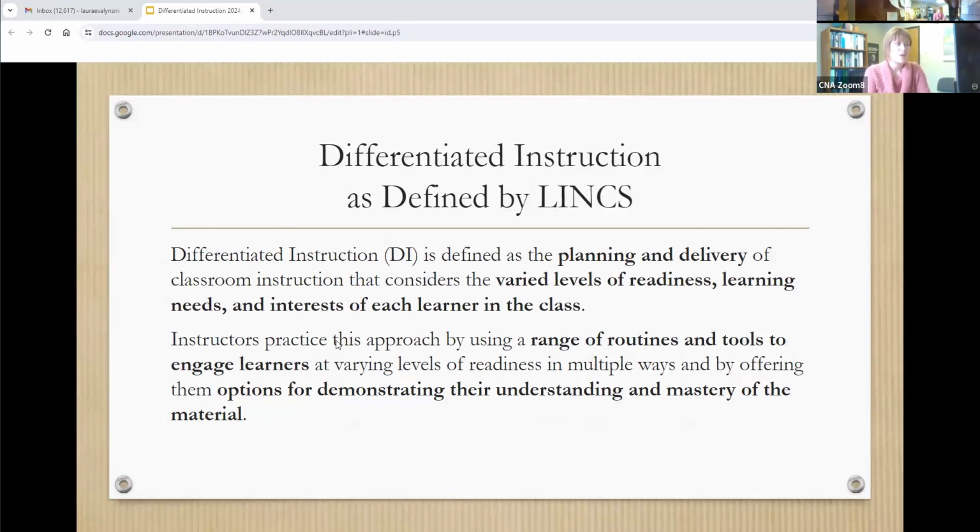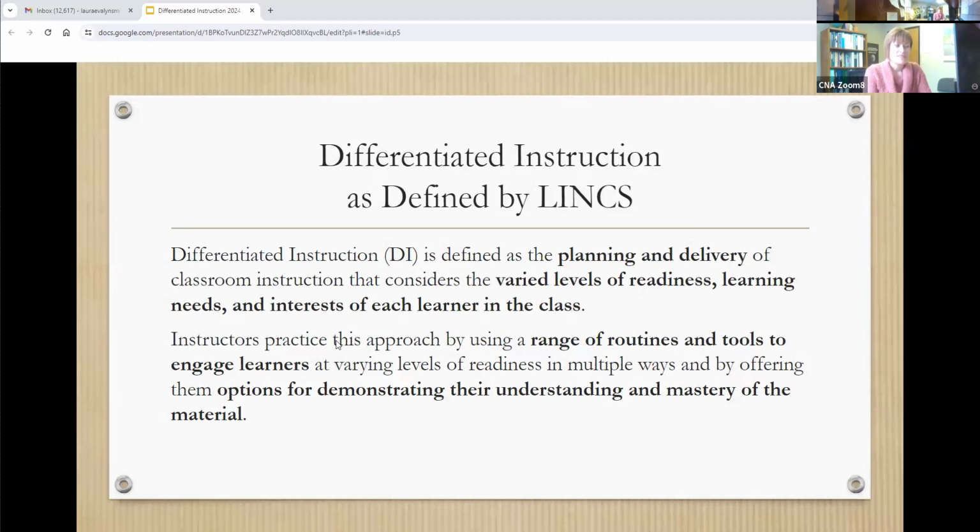So here is one of our definitions that comes from LINCS, which is the Literacy Information and Communication System. And you'll find many wonderful PD resources online through LINCS.